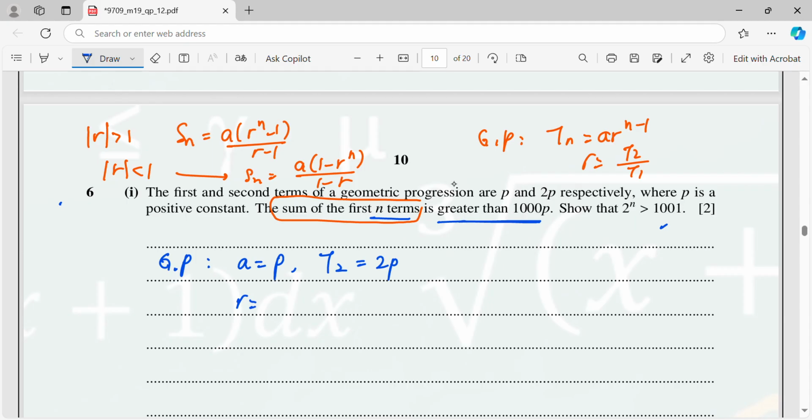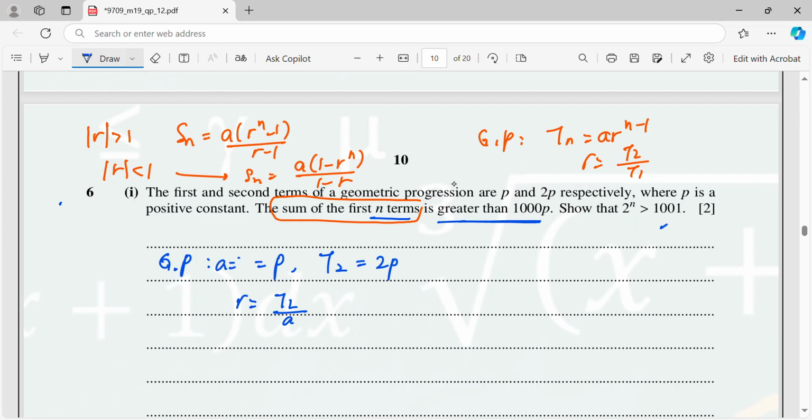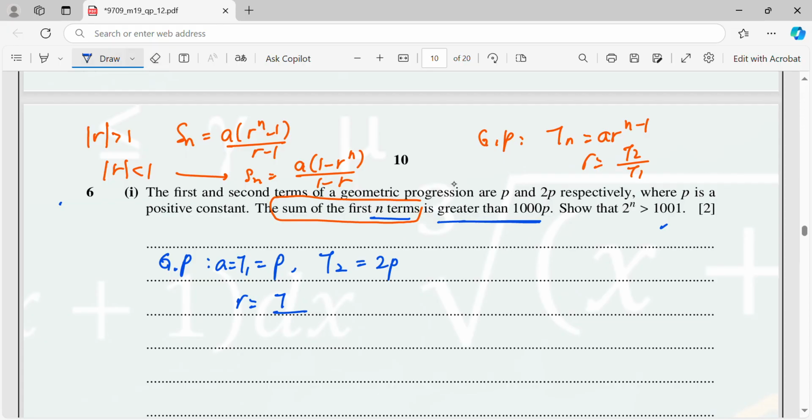So now my R equals T2 over A. Or probably here I write T1, A equals T1. Then you will be getting 2p over p, that is 2. So since your R is 2, greater than 1, therefore I use the first formula.